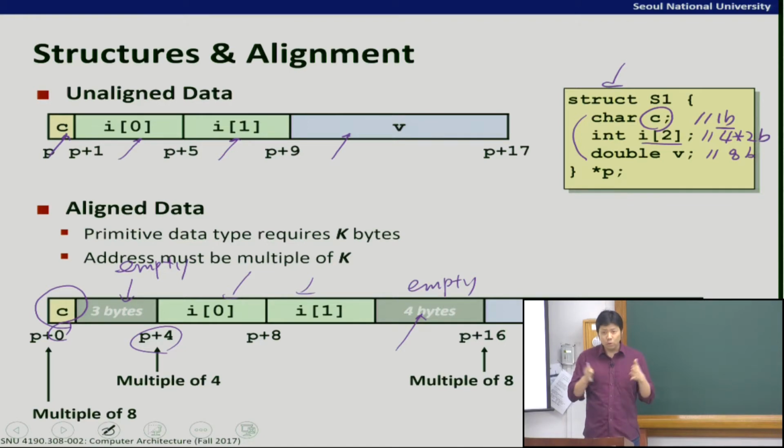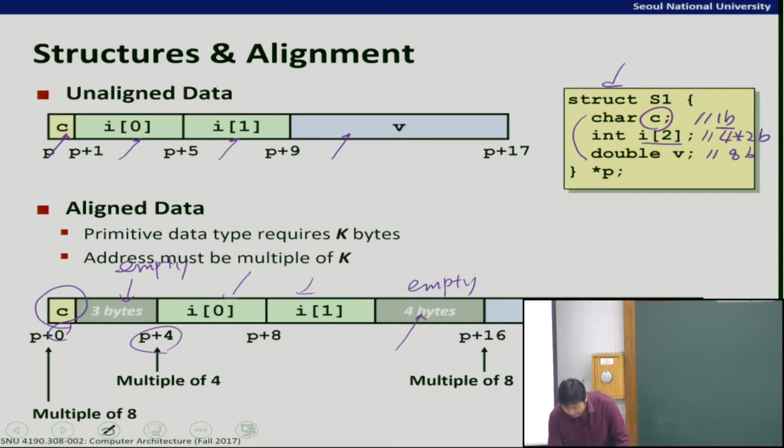But all addresses are multiples of 1, so it's trivially satisfied because it's a byte address. So this one is a very easy one.